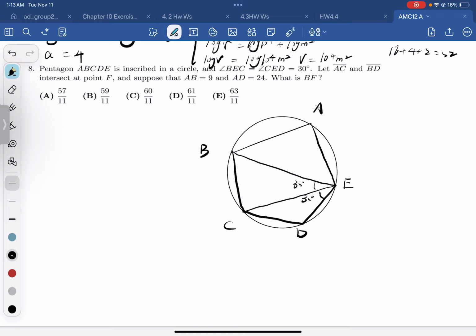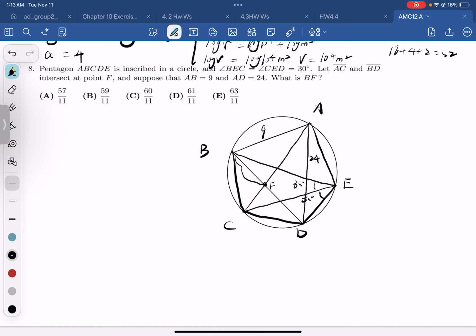Let segments AC and BD intersect at point F. Suppose that AB equals 9 and AD equals 24. What is the length of BF? This one.